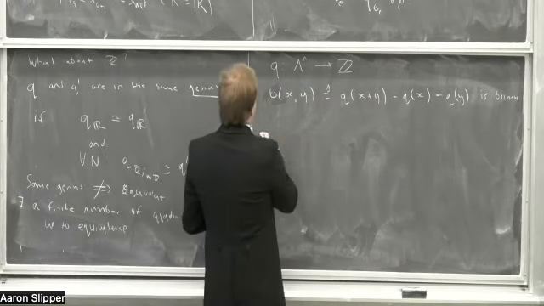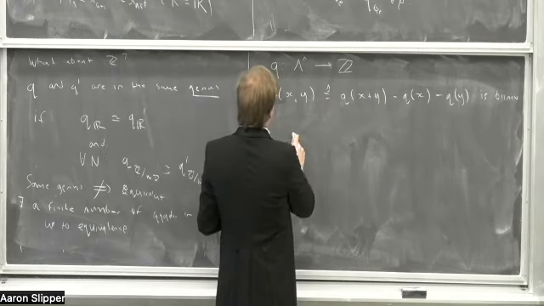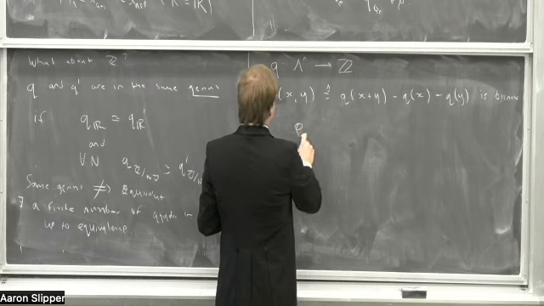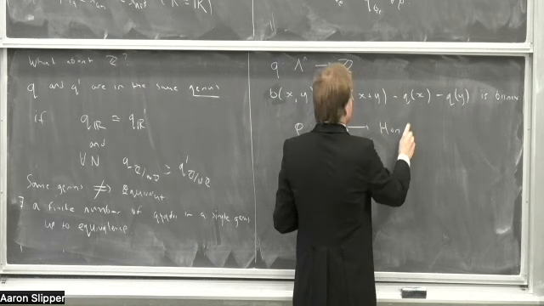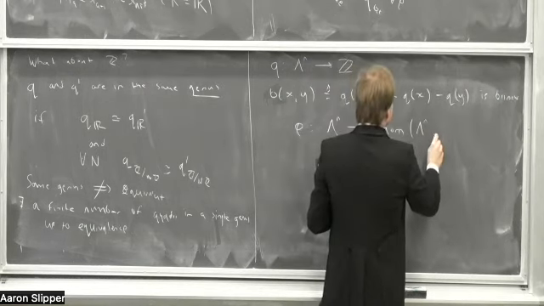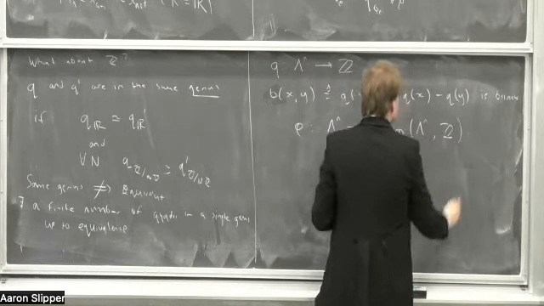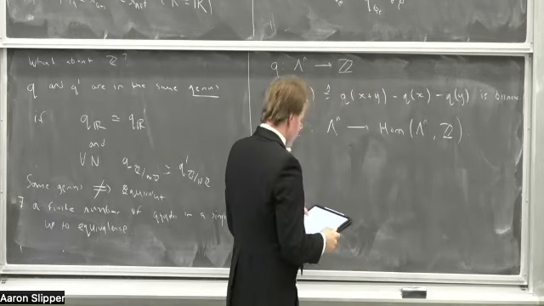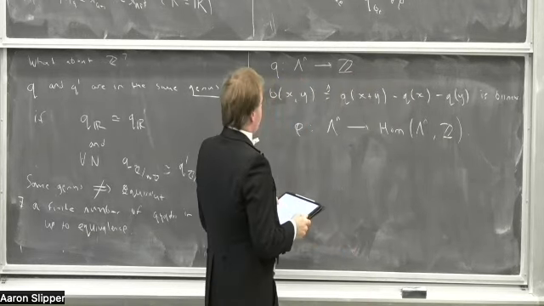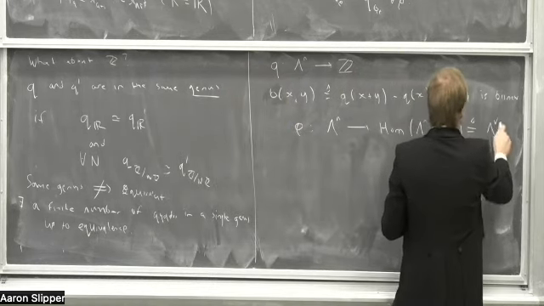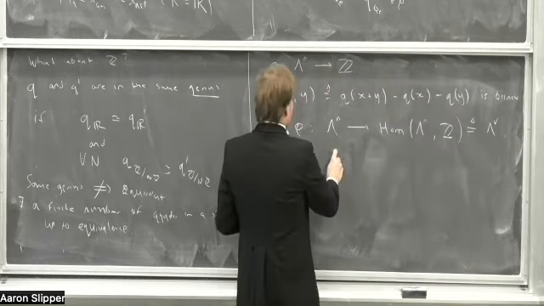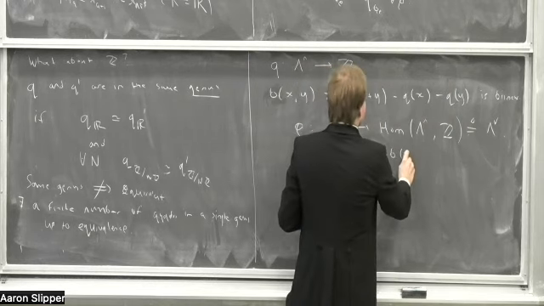Such a Q therefore induces a map, which we'll call rho, from Lambda_n to Hom(Lambda_n, Z), which we'll call Lambda check, sending x to B(x, blank).